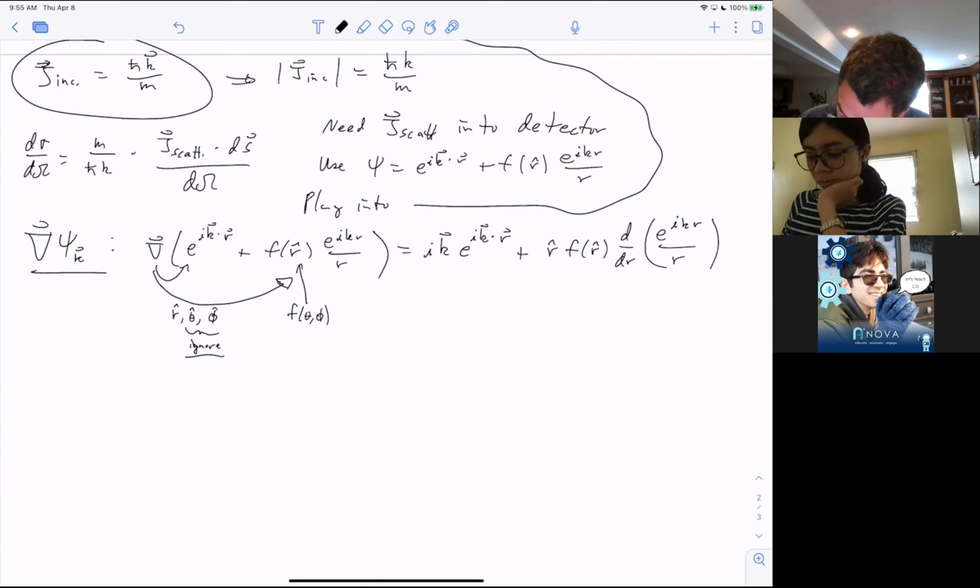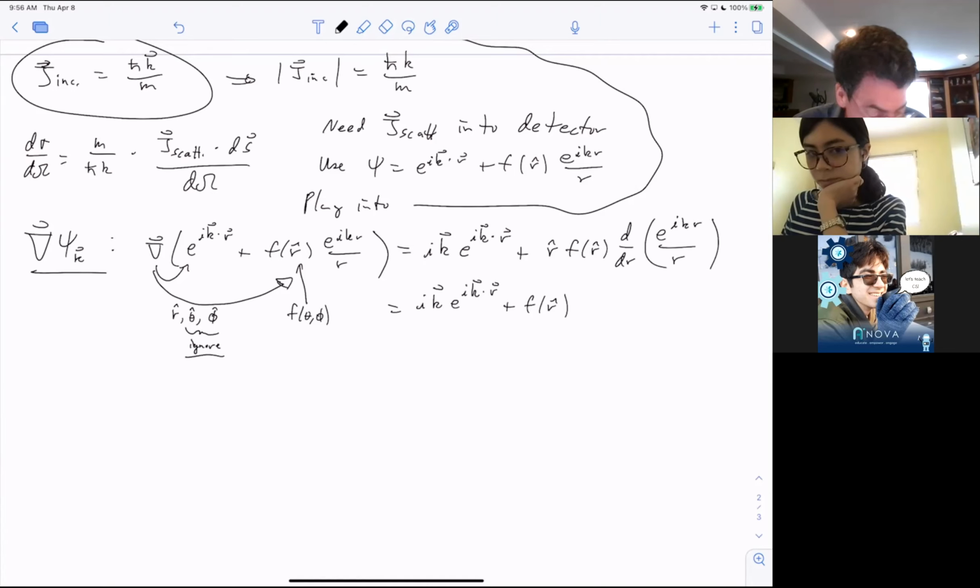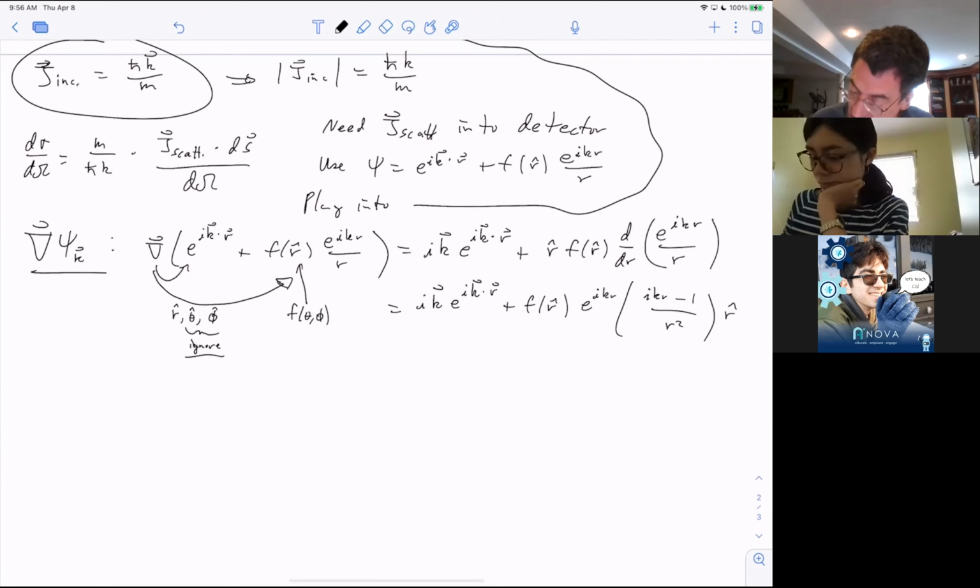So we see that what we have is ik e to the ik dot r plus f of r hat, e to the ikr times (ikr minus 1) over r squared. I'm just doing the quotient rule in calculus. Okay, times r hat.